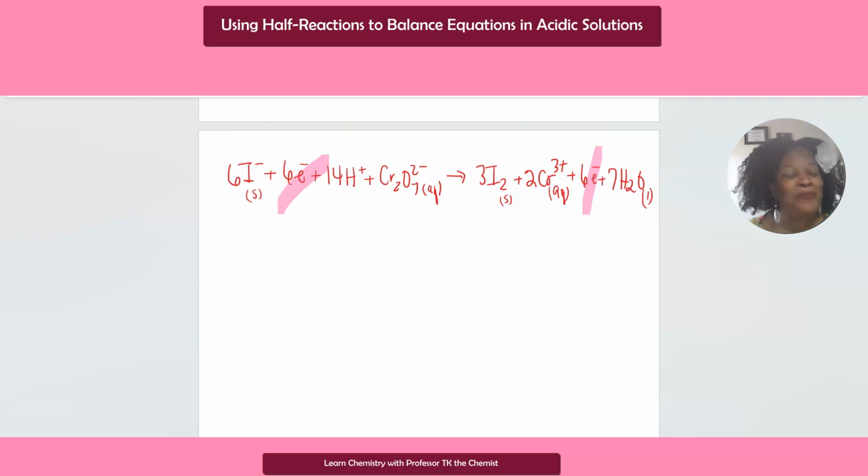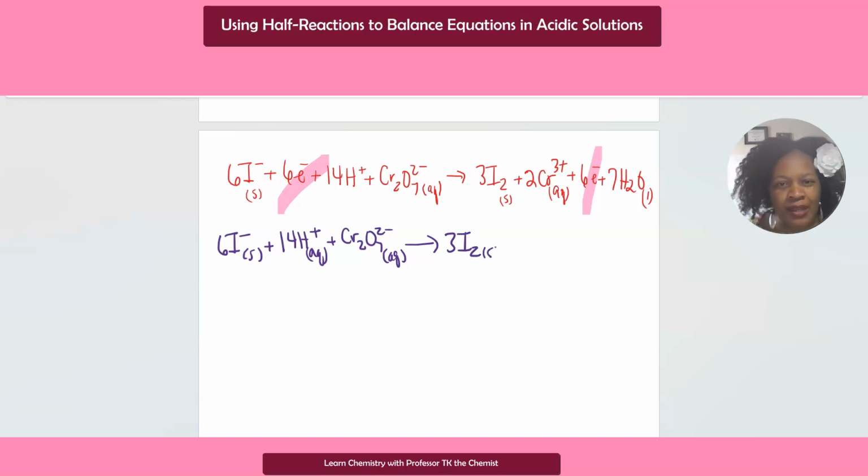So here it is again. 6 iodines plus 14 hydrogens plus the dichromate ion that yields your 3 times your 2 for your 6 iodines plus your 2 chromate ions plus your water molecule.